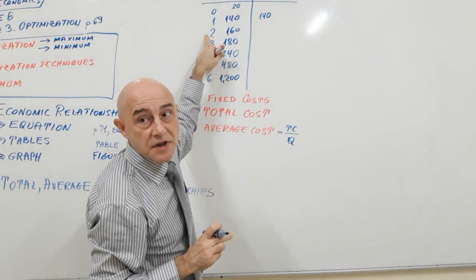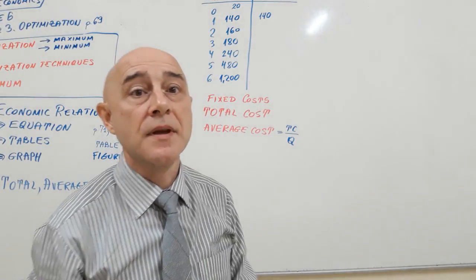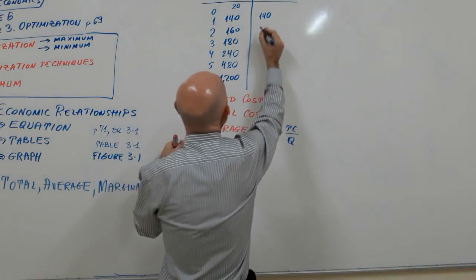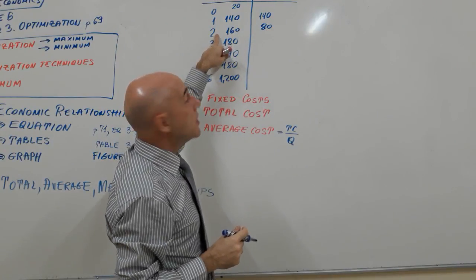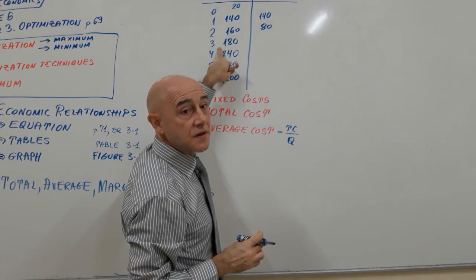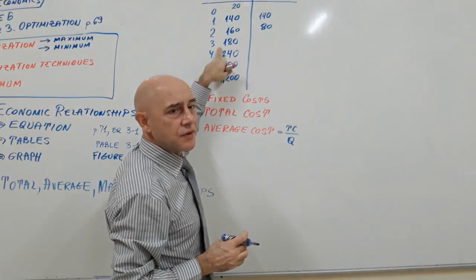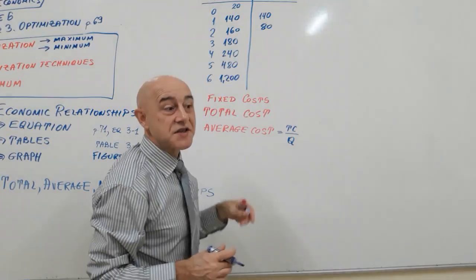What's the average? 160 divided by 2, 80. Next one is 60, for sure. 180 divided by 3 is 60. You should get your phones, use the calculator.